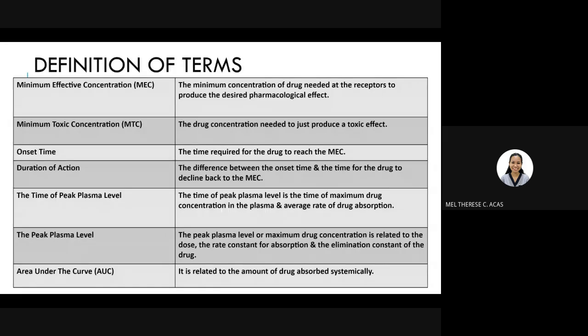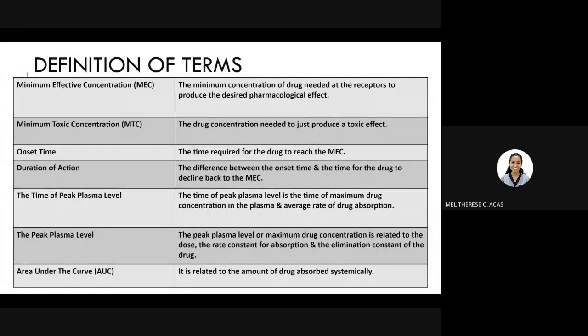Next is the time of peak plasma level. It is the time of maximum drug concentration in the plasma and reflects the average rate of drug absorption. This means the time when the plasma concentration reaches its maximum.